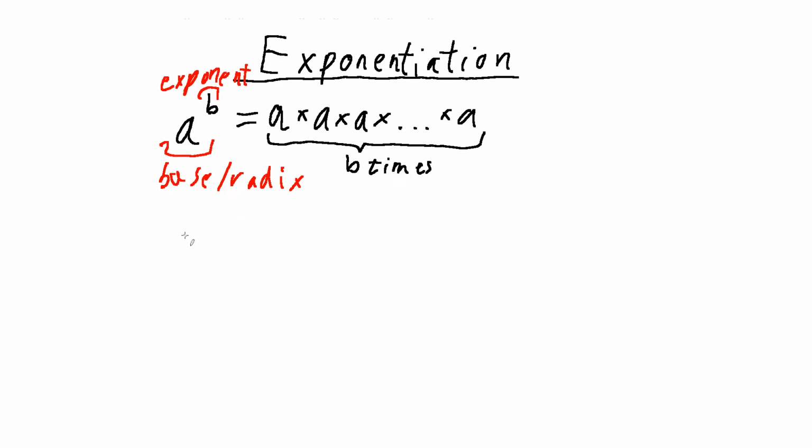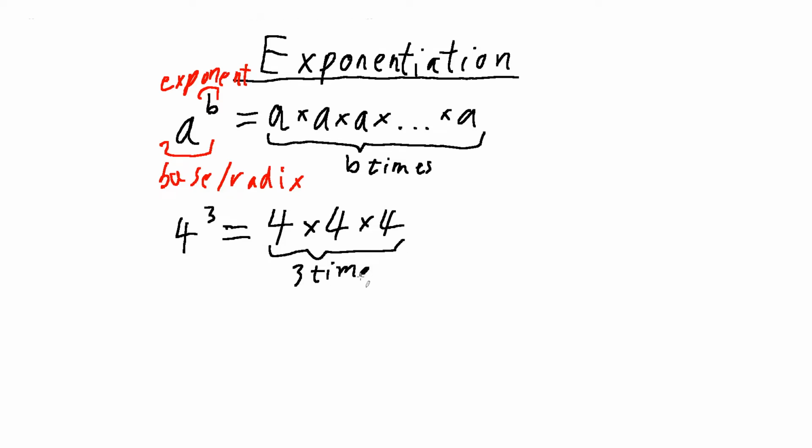So for example, if we have 4 to the power of 3, exponentiation of 4 by 3, then this is the same as 4 times 4 times 4, 4 multiplied by itself 3 times. And this is equal to 64.